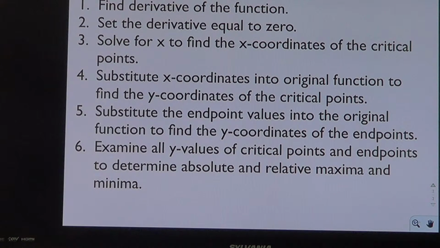And remember, the y coordinate is really what determines if it's a minimum or a maximum. So we also have to plug it back into the original function to find the y coordinates of the critical points. And then we'll need to figure out what the y coordinates are of the end points to compare those as well.